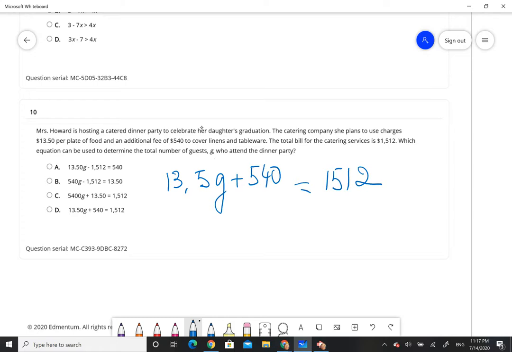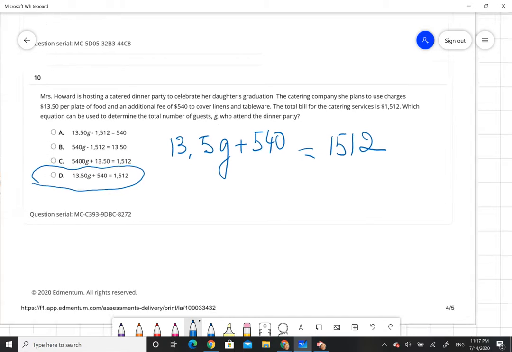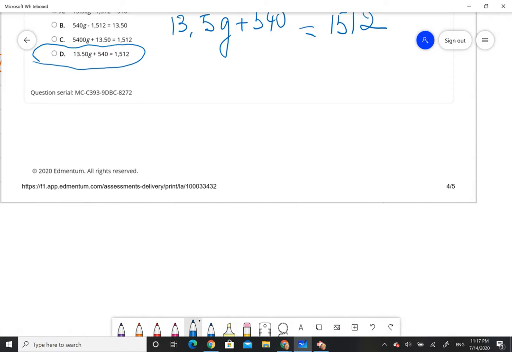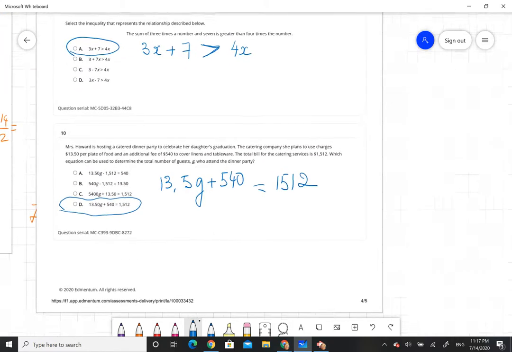This is a fixed amount of 540, and this is changing based on the number of plates, okay? So this is the equation. 13.5G plus 540 equals 1,512, so this answer is D. Okay? All right. I think we have one more to go.